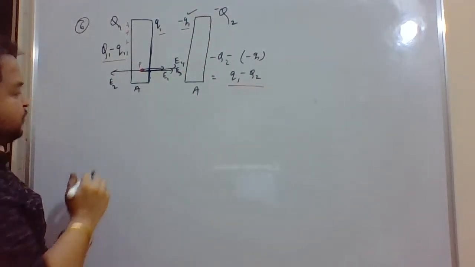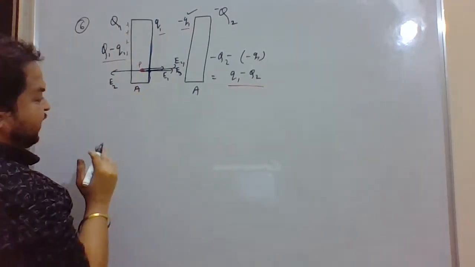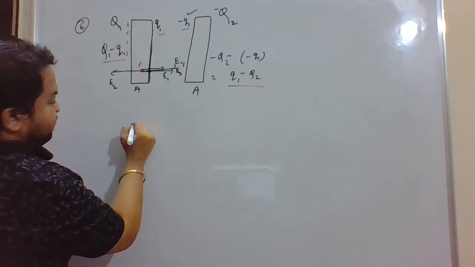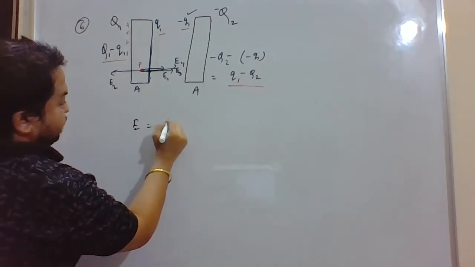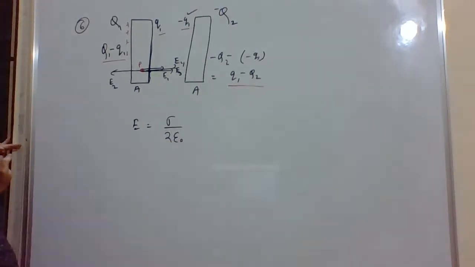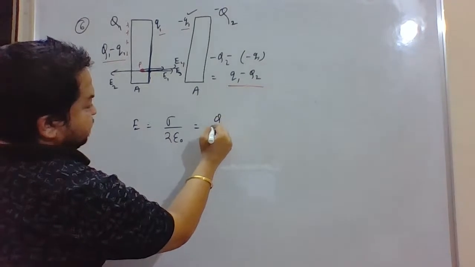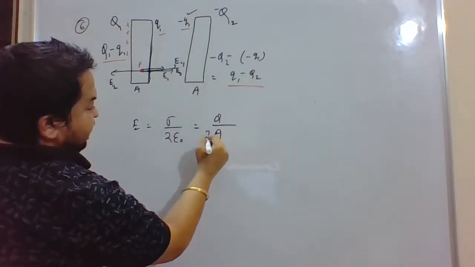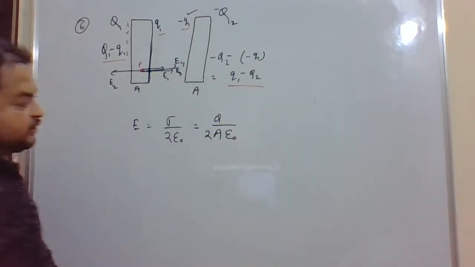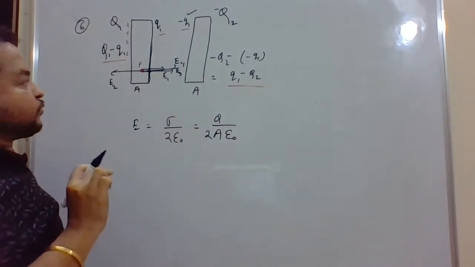Now, let us remember the formula for electric field intensity of an infinitely charged body. It was nothing but E equals sigma by 2 epsilon naught, that is, charge per unit area divided by 2 epsilon naught. Now we will just use this formula.